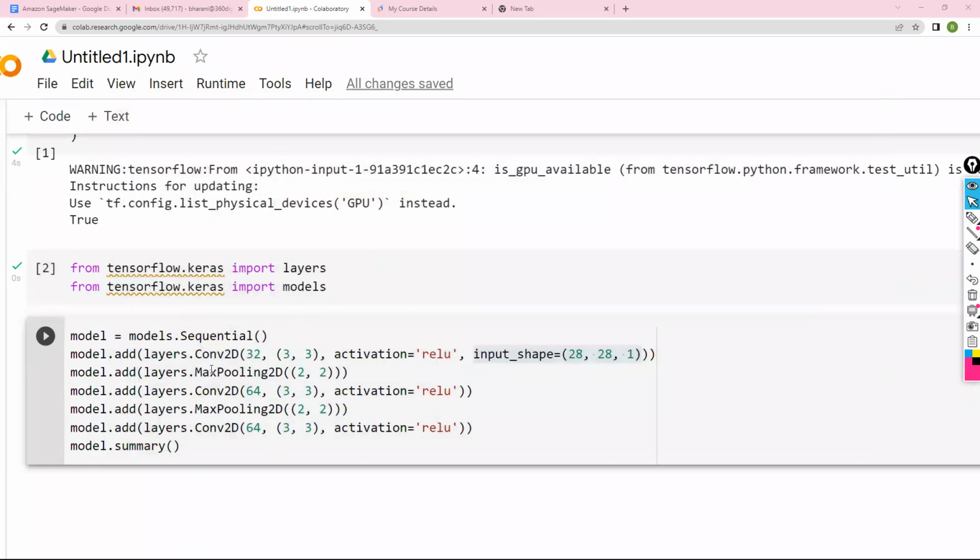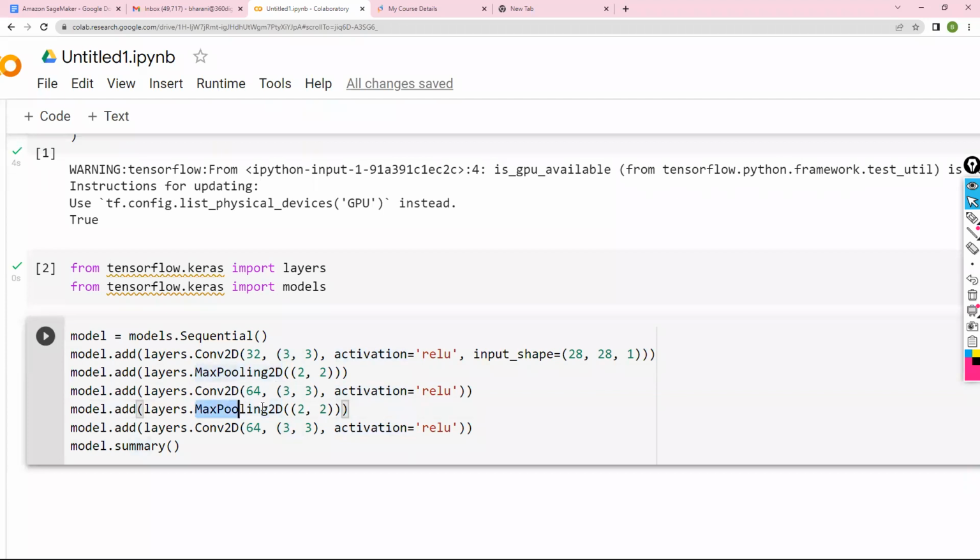Okay, suppose that you're connecting that to a layer which is max pool. 2D means it's a 2-dimensional image. Convolutional 2D means you're having a 2-dimensional image that you're dealing with, 2 by 2. And then you're connecting it to conv 2D. 64 different convolution layers of size 3 by 3, and we are using ReLU activation function.